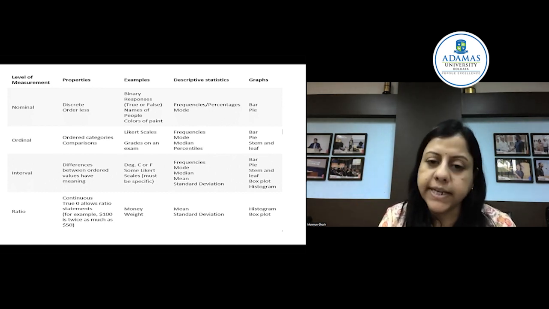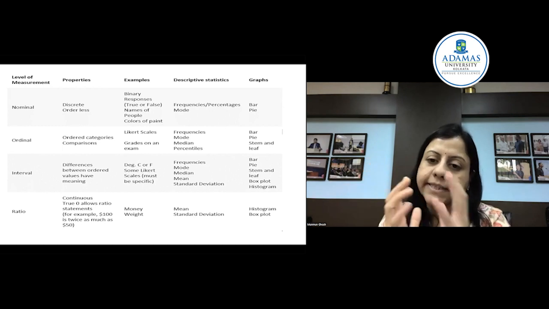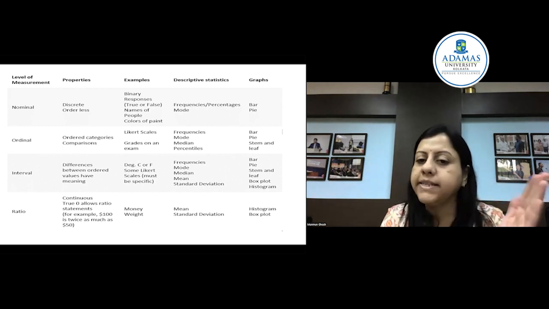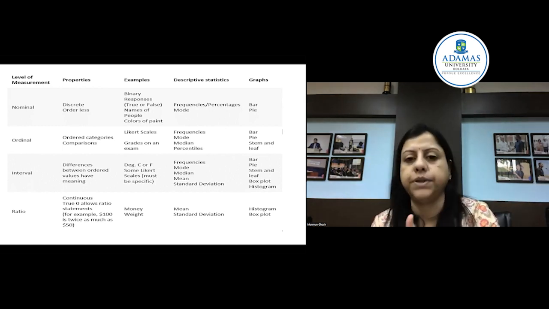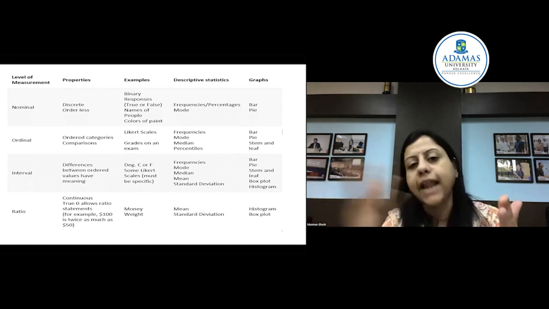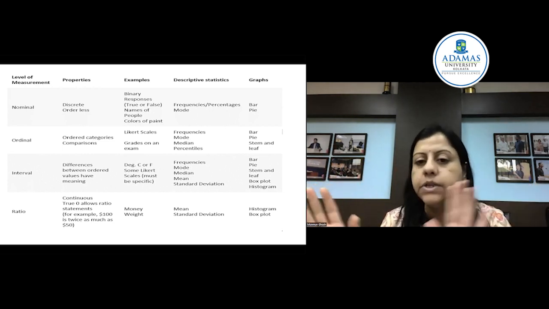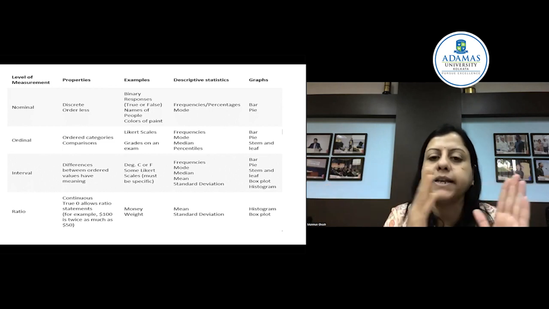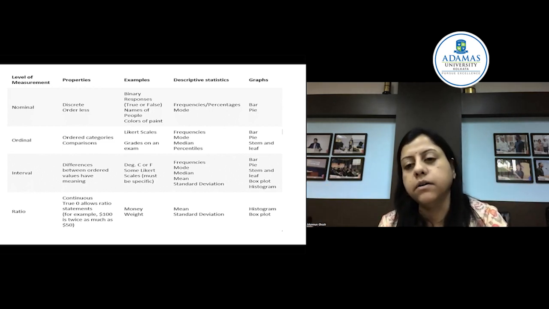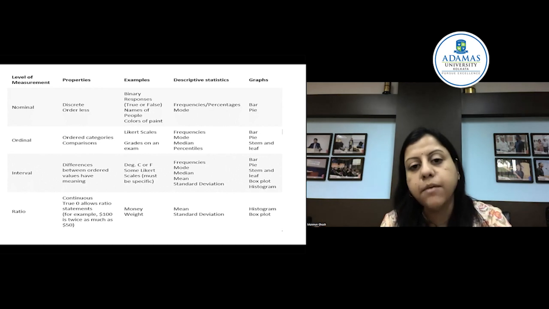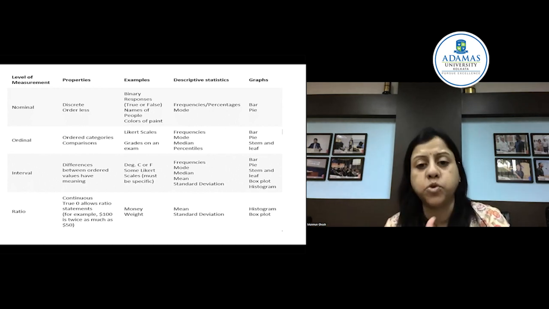When it's ordinal, that means the value that is assigned to anyone or any situation has certain meaning to it. But when it is nominal, it's a random assigning of the value. So there is no rationale behind allocating red as 1 or black as 5. But if the same were an ordinal scale, then red 1 means it's the least preferred and black 5 means it's the most preferred.